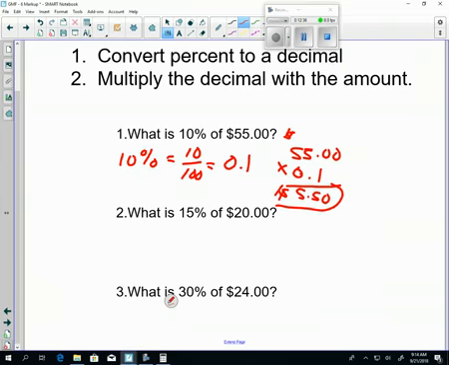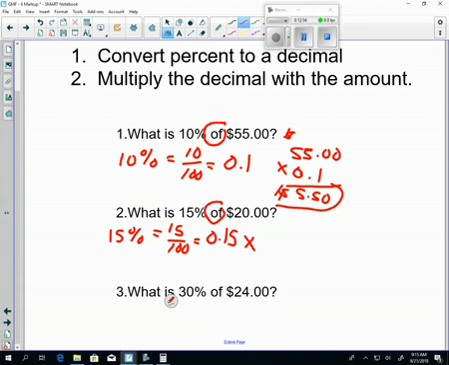What's 15% of 20? First thing we do is take the 15%, change it to a decimal. 15 divided by 100. That's going to be 0.15. Yes, always divided by 100, always. So now we take 0.15. Now the word of, you see that a lot in problems. That just means multiply.